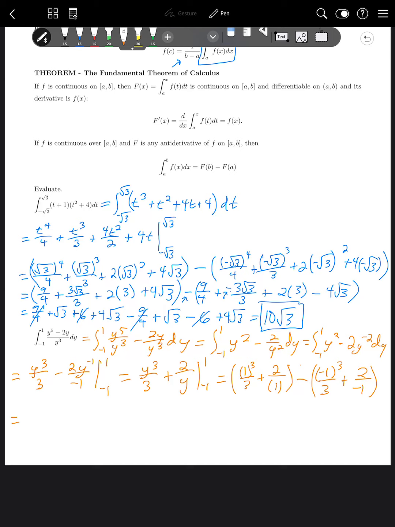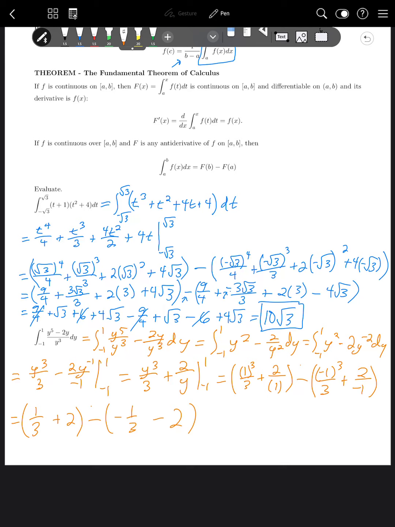For this one especially, because you don't have any radicals, you could just plug this in your calculator and see what you get. The one before, we kind of had to do by hand because we had square roots involved, but this one you could easily plug in your calculator. So this would be 1/3 plus 2 minus -1/3 minus 2.